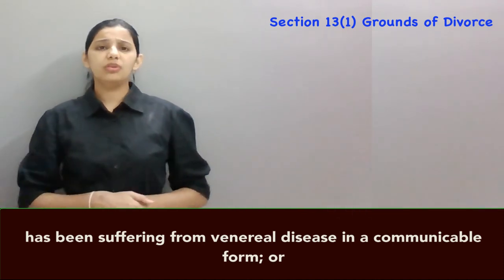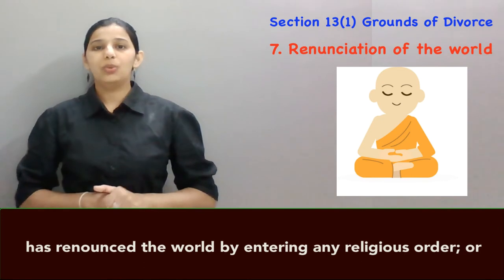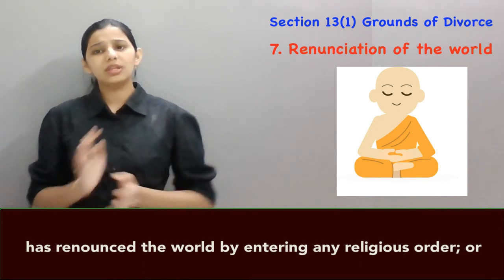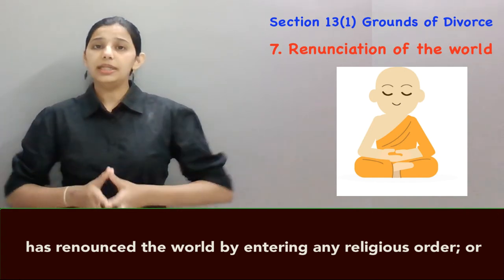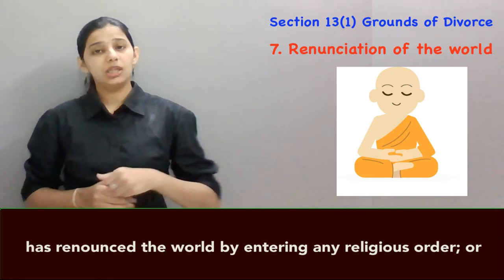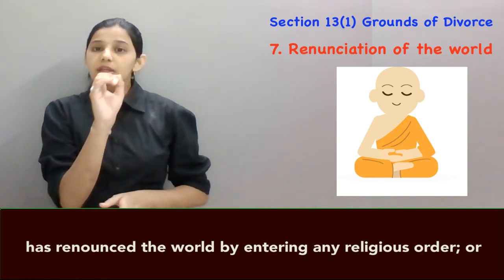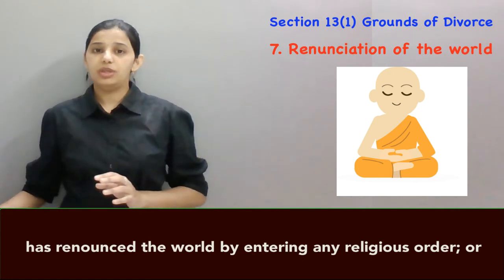The seventh ground of divorce is renunciation. A person renounces the world when he ceases to take any interest in worldly affairs or ceases to take any interest in cohabitation. In this case, the party who renounces the world is considered civilly dead. It is typically a Hindu practice and is considered a valid ground for divorce.